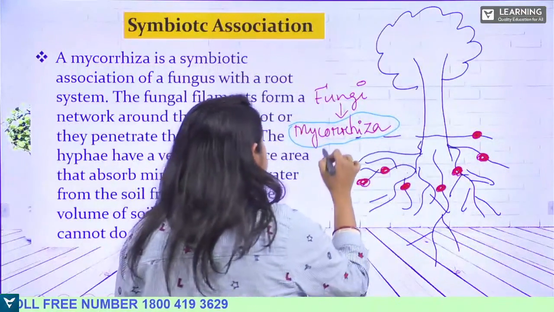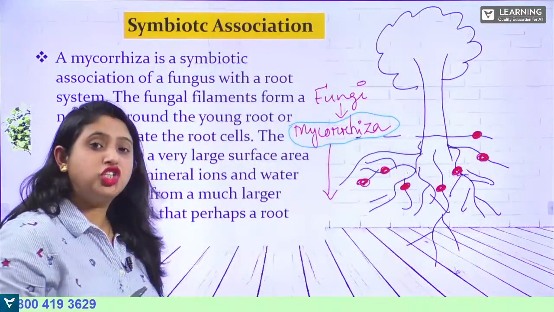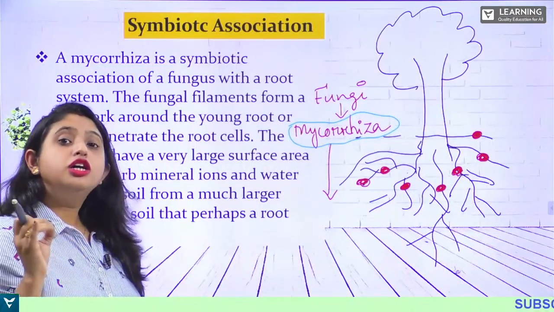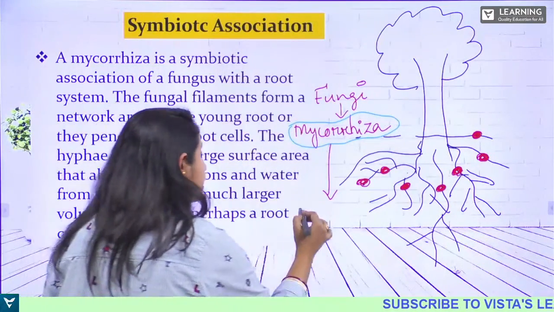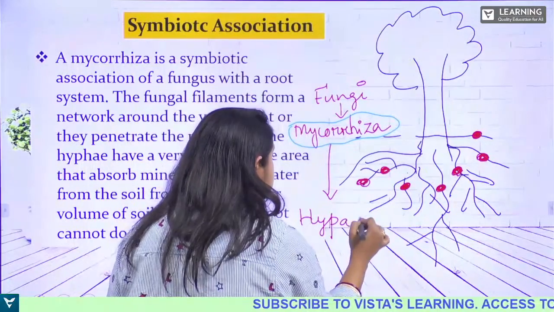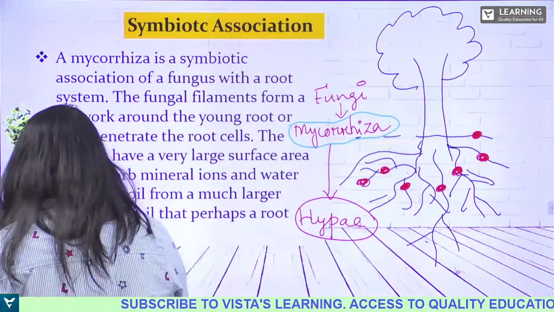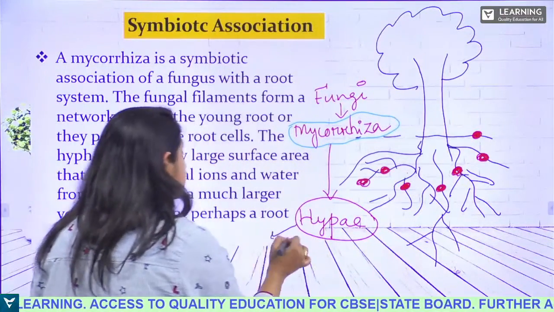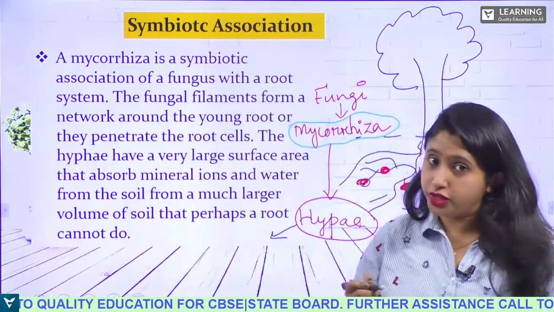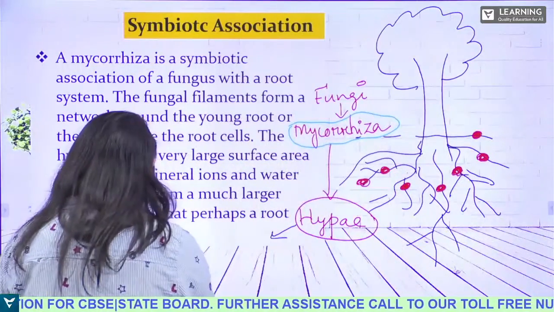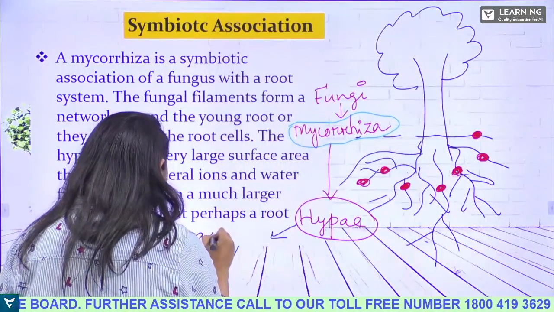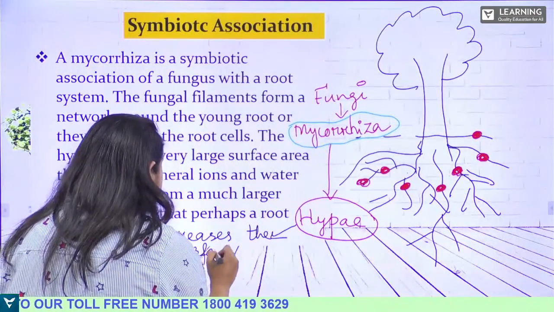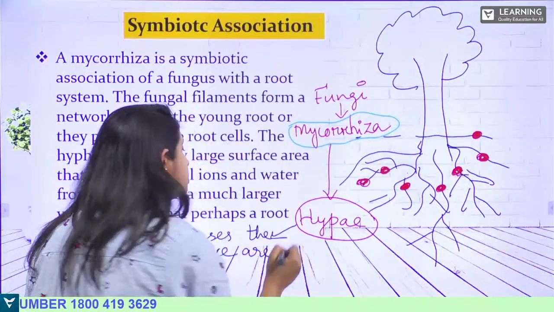This mycorrhiza has a special structure. All the fungi have a special structure known as hyphae. With the help of this hyphae, it increases the surface area.